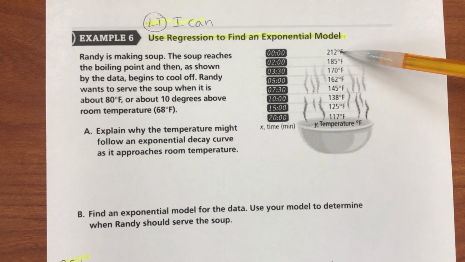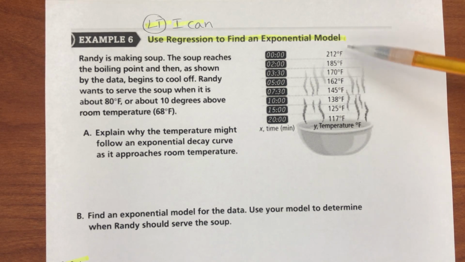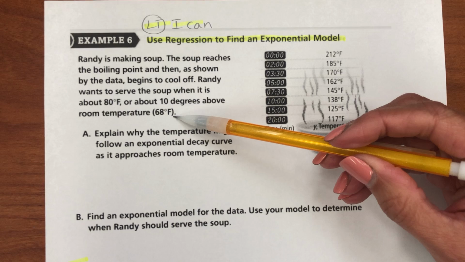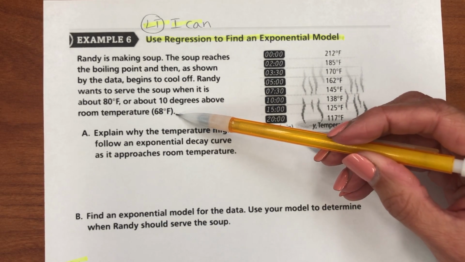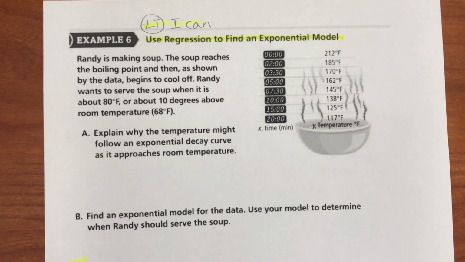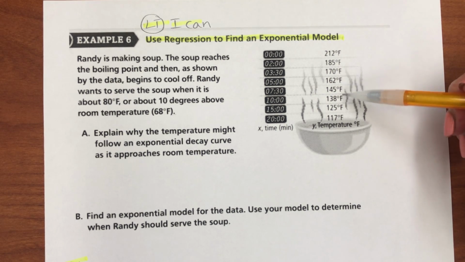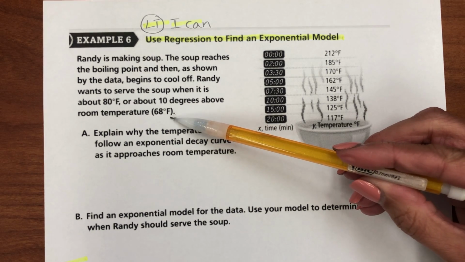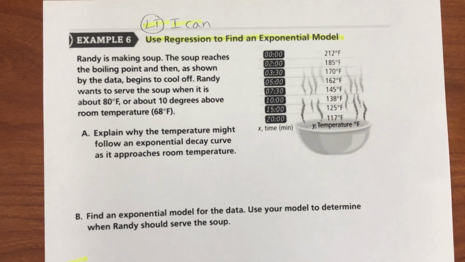And then over time, it's going to cool down until eventually it's going to reach room temperature, which is 68 degrees. It's never going to get colder than room temperature because that's not possible. So what happens over time is the temperature decreases until it gets closer and closer to 68 degrees Fahrenheit.